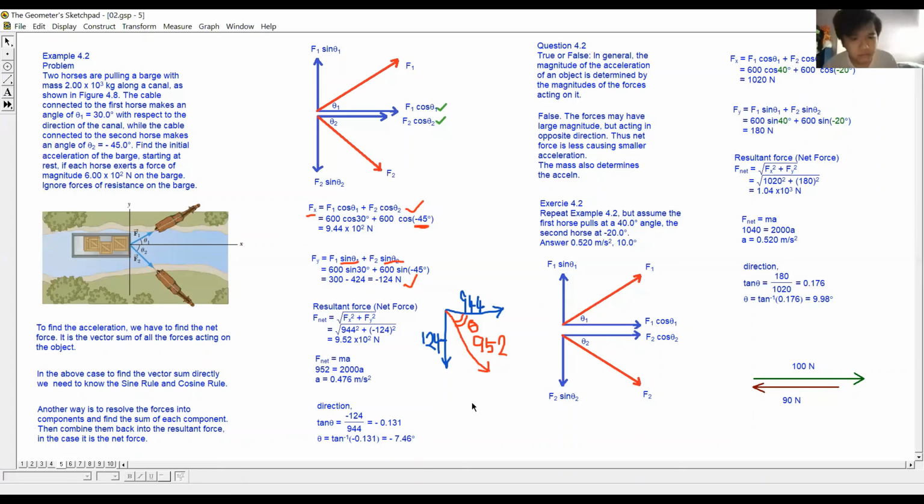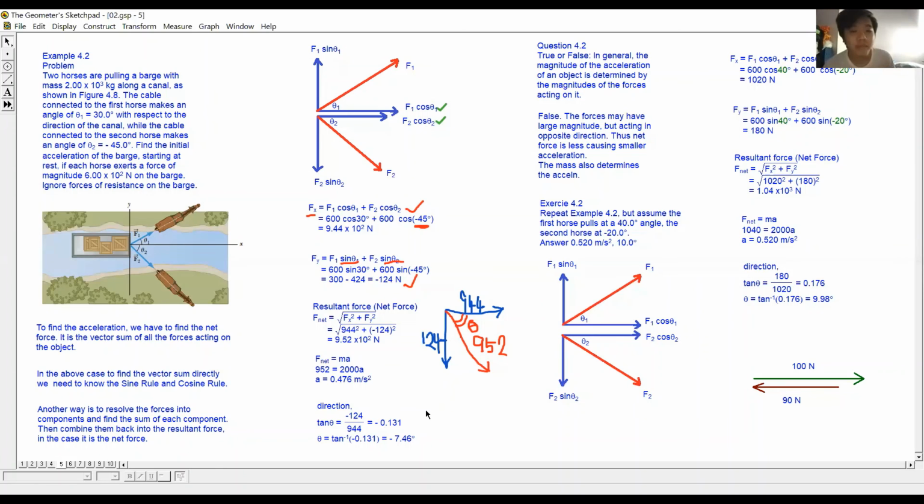In physics, they are very particular about the significant figures and the decimal places. So you round off to negative 0.131, then you press shift tangent of this number.